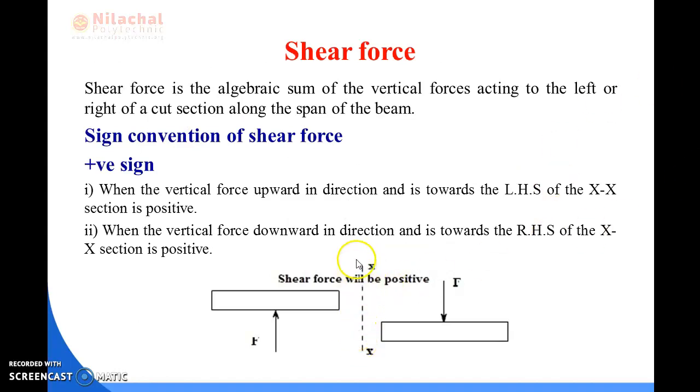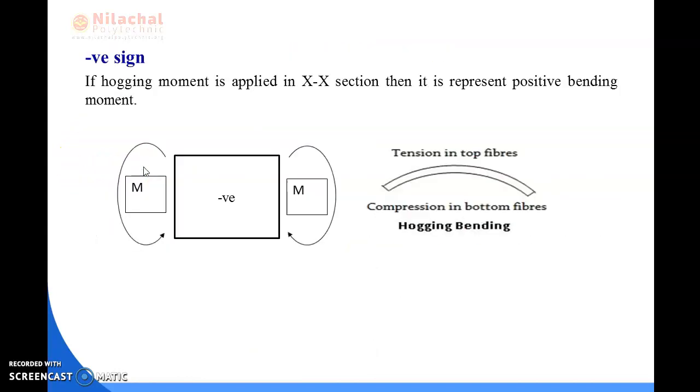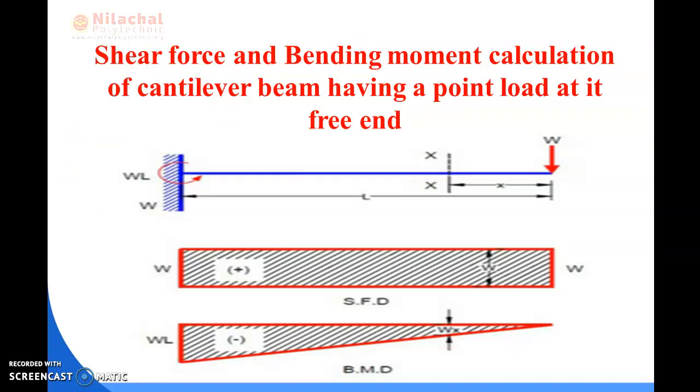If this is the cut section and the beam has a downward load at the right side of the section, then the sign will be positive. So here also we take the sign of the shear force as positive because the load is on the right side of the section and downward in nature.